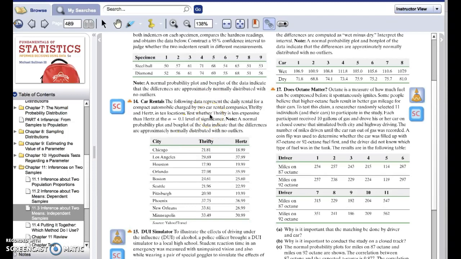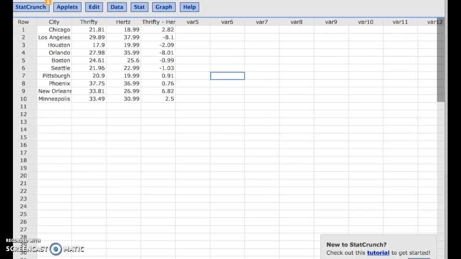Thrifty being less expensive means that when I subtract this one minus this one, I would expect to see negative numbers if Thrifty is cheaper. Now, keep in mind, Thrifty is cheaper in several, particularly Orlando, we see the biggest difference, but notice Hertz is cheaper in other scenarios. So we're not seeing a lot of negative differences that would support our hypothesis.